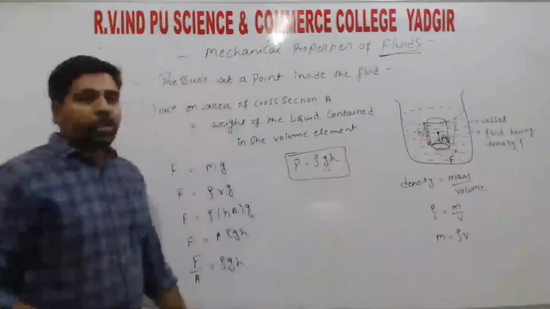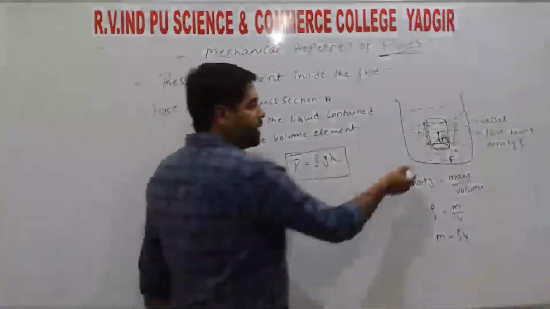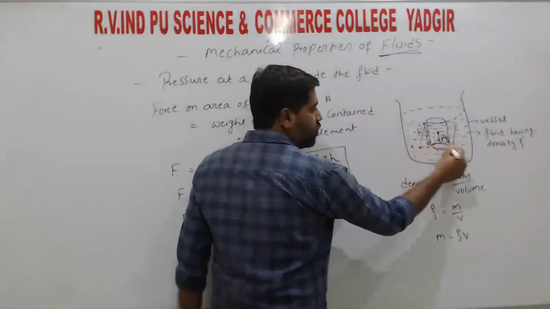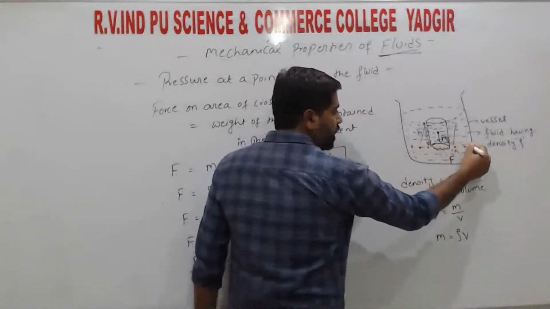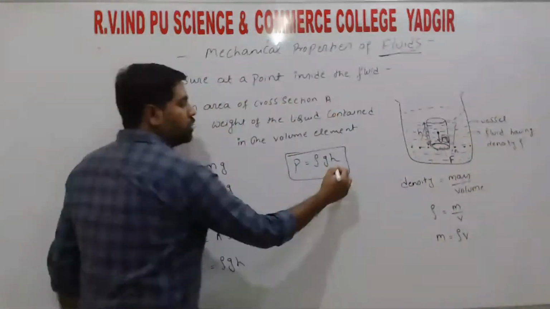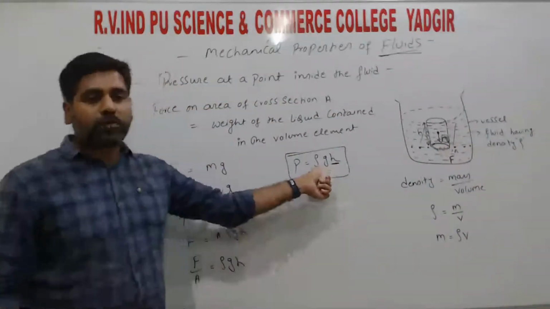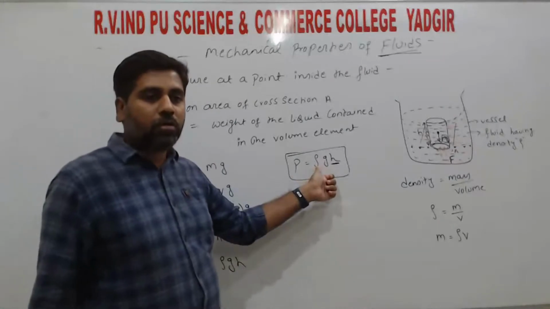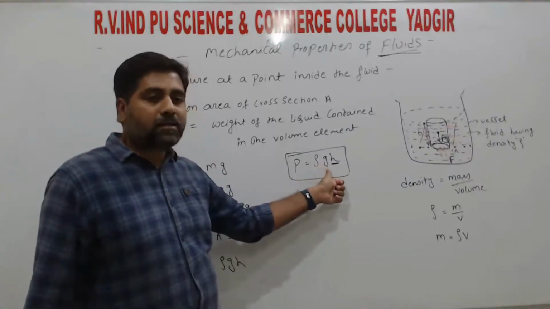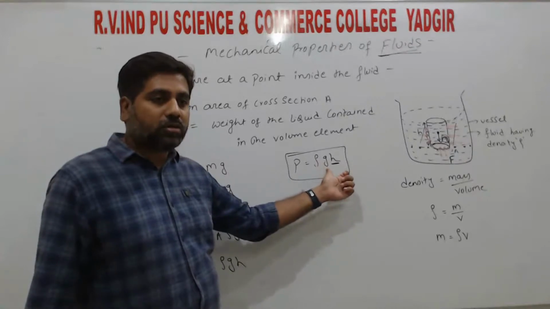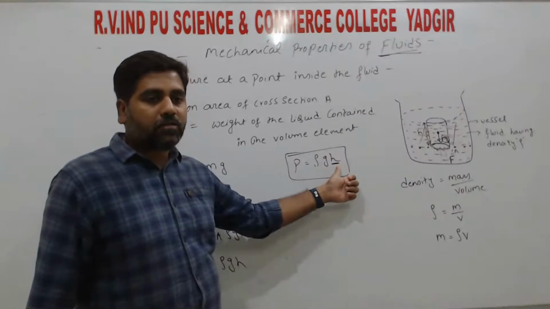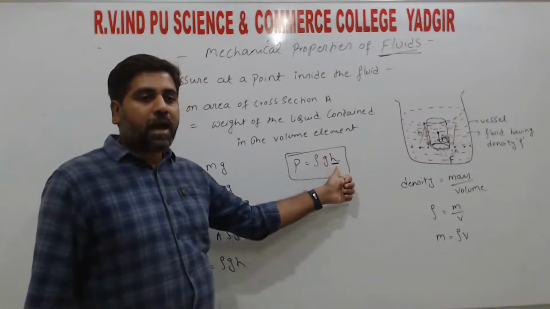So at any point at a depth H inside the fluid, the pressure will be the same, right? It depends on H, and whichever glass you put it in, the density remains constant. Again, acceleration due to gravity G is constant, so pressure varies with the height, or rather the depth.